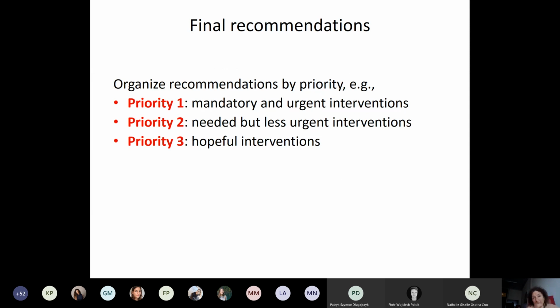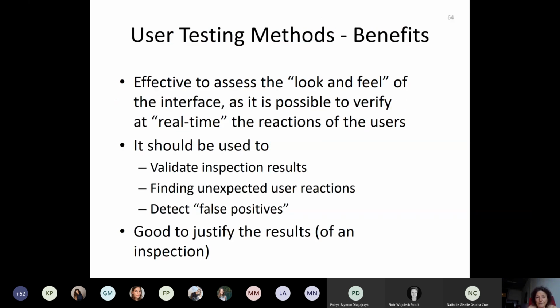So again, recommendation is optional, but if you decide to also include recommendations for redesign, look at the critical problems of your application, identify the most critical problems, and then make recommendations for those main problems. Or organize problems by priority, and recommendations by priority of problems.